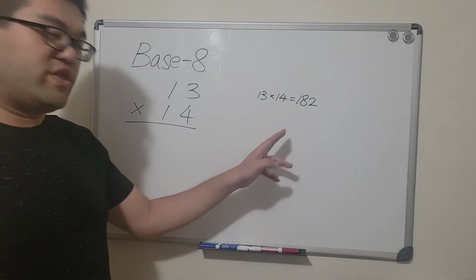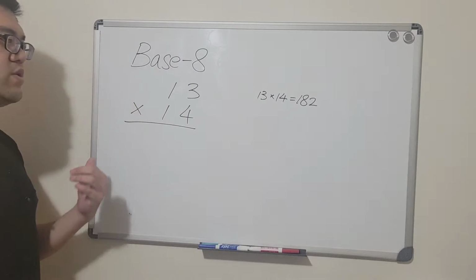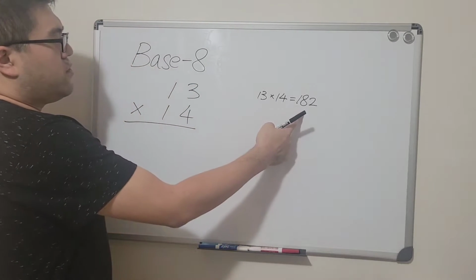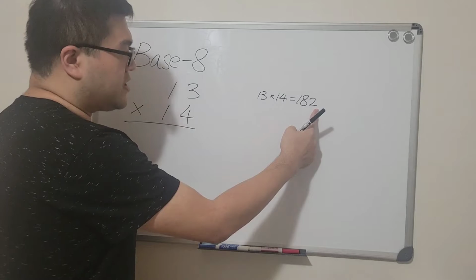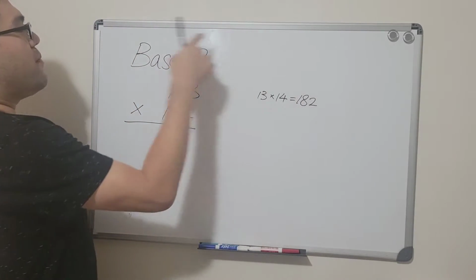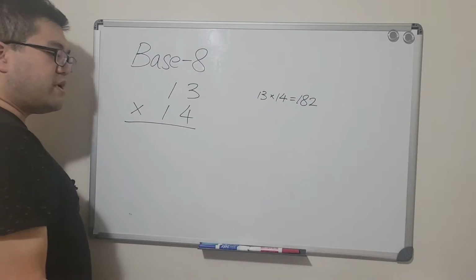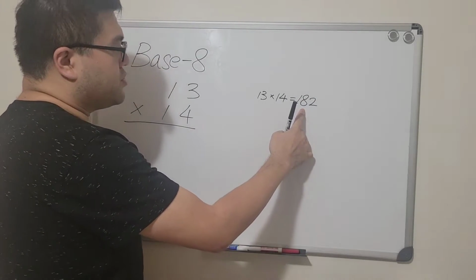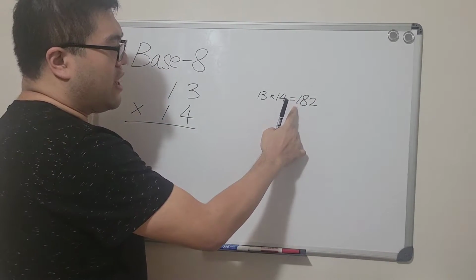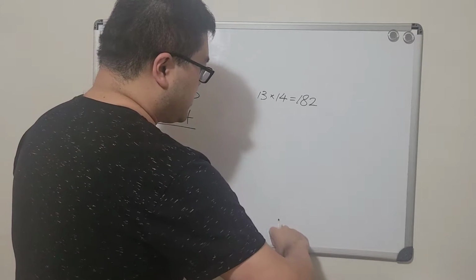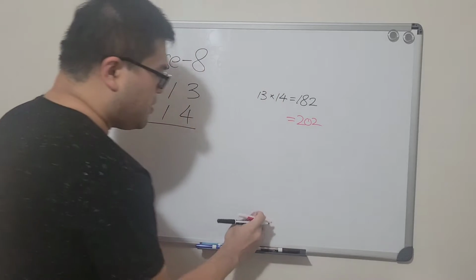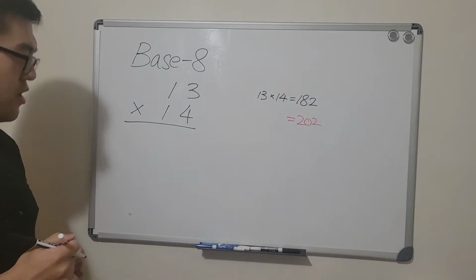Now, if we put this back in base 8, we might simply think, since we have an 8 in the second digit, we're going to add 1 to the left, giving us 202. But is this really true?